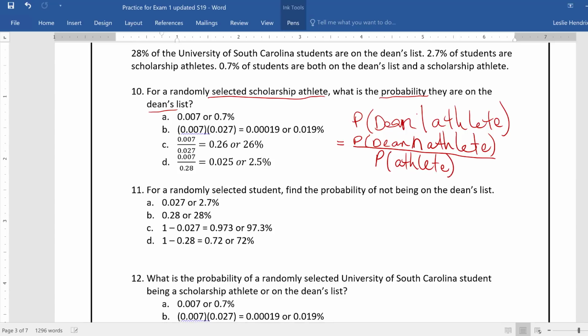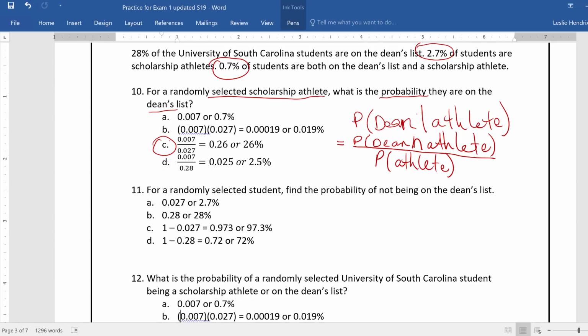And we know that the probability of being in the intersection for that numerator is 0.007, because 0.7% of students are on both the Dean's List and are an athlete. And we know that the probability of being an athlete is 2.7%, or 0.027. So we have 0.007 divided by 0.027, which is 0.26 or 26%.